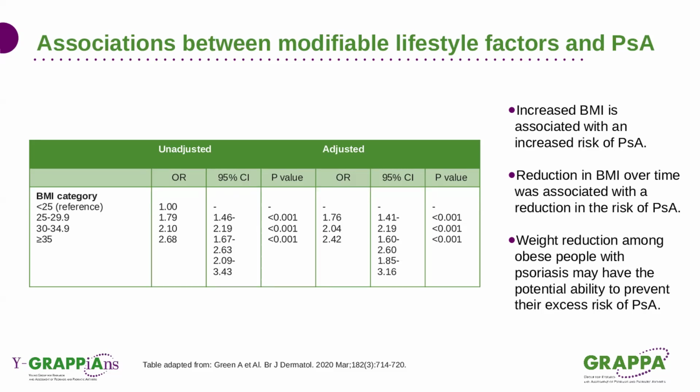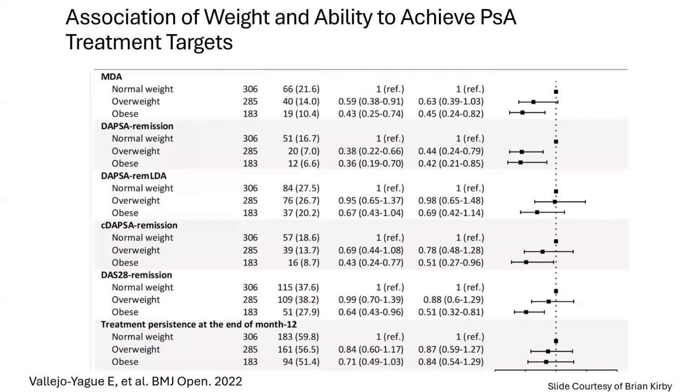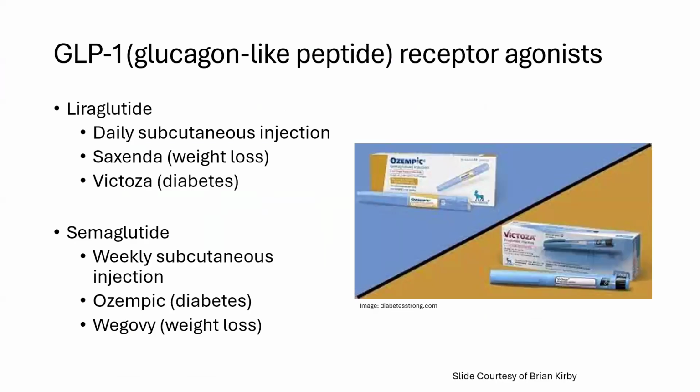If you're normal weight, you have less likelihood of that happening. And if you're normal weight as opposed to overweight, you're more likely to be able to achieve various treatment targets that we're aiming for when we use the various immune moderating medicines that we employ for treatment of psoriatic arthritis.